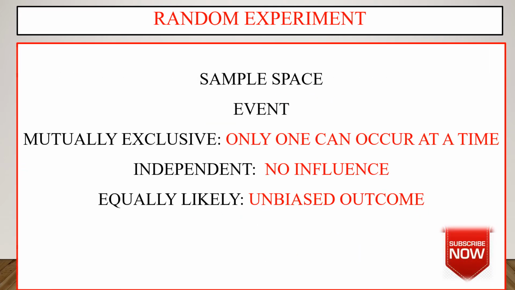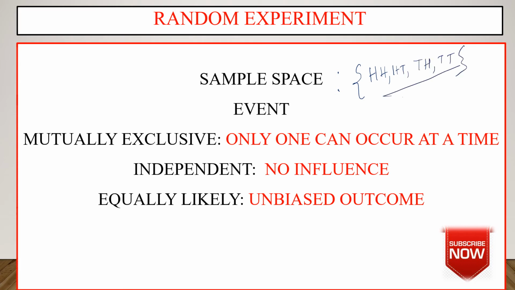Okay, now if we are planning to understand random experiment, we need to also understand certain key points in random experiment. One is sample space. Sample space is the set of collection of all possible outcomes. Suppose we are tossing two coins. What is the outcome? Either it can be two heads, a head and a tail, or two tails.